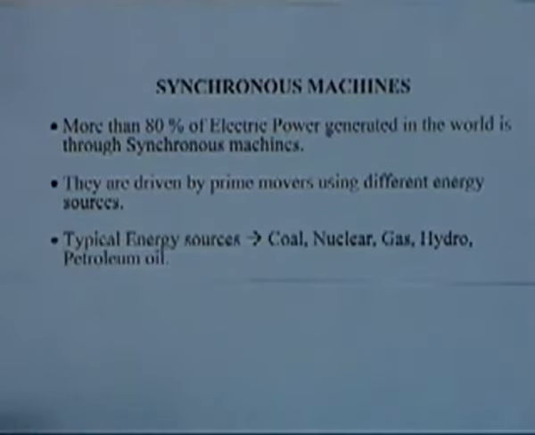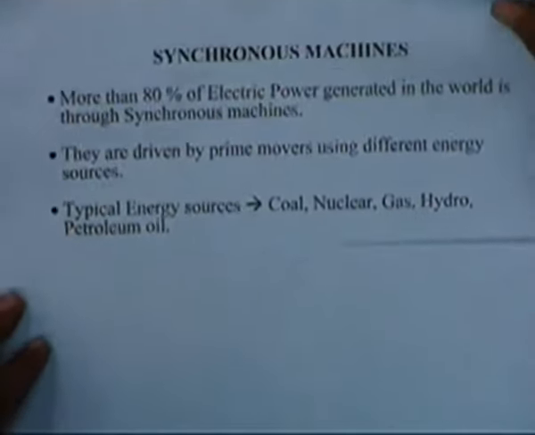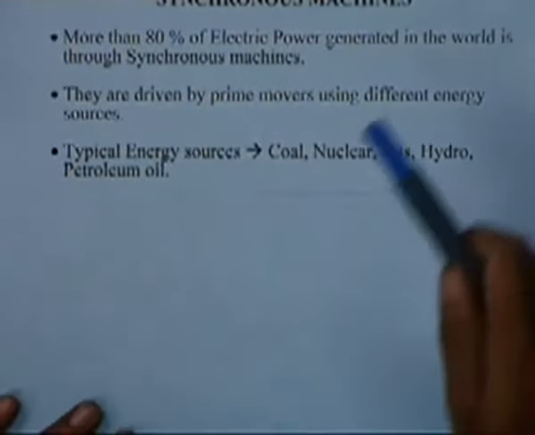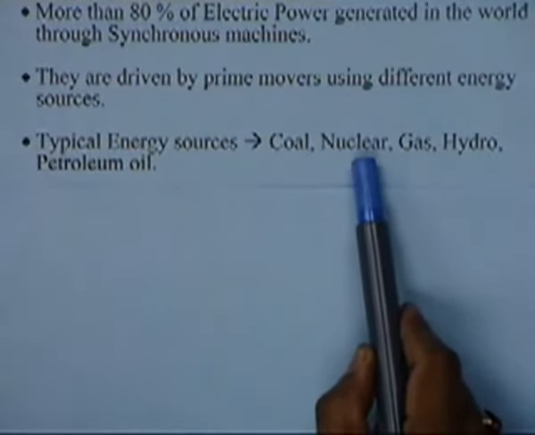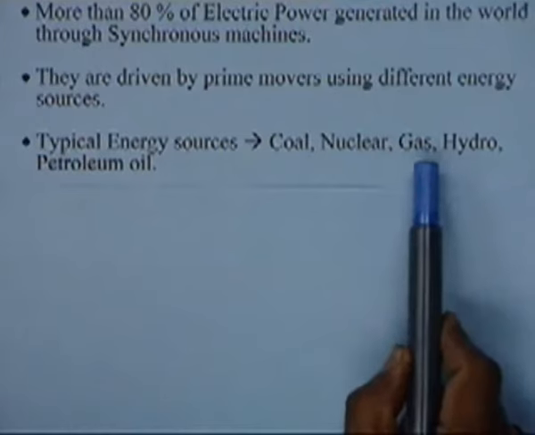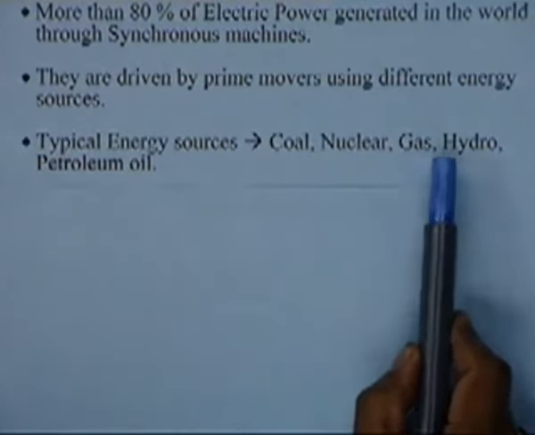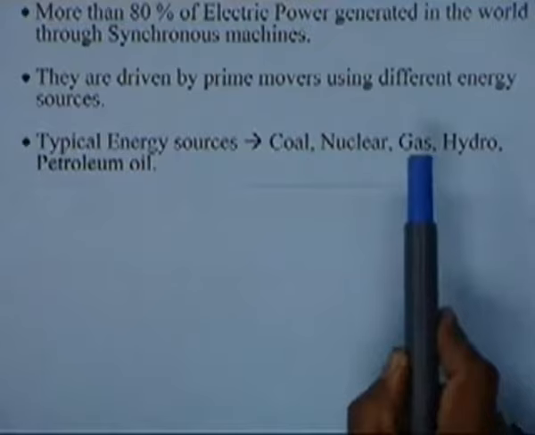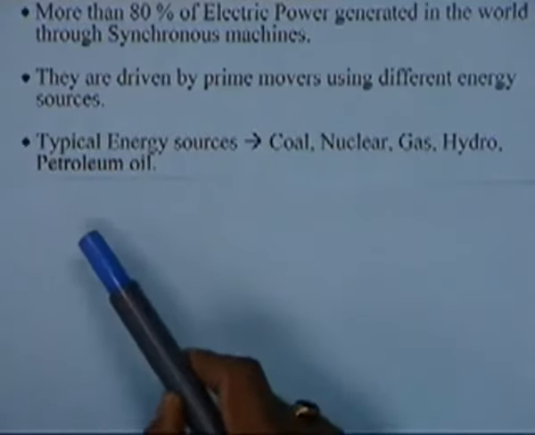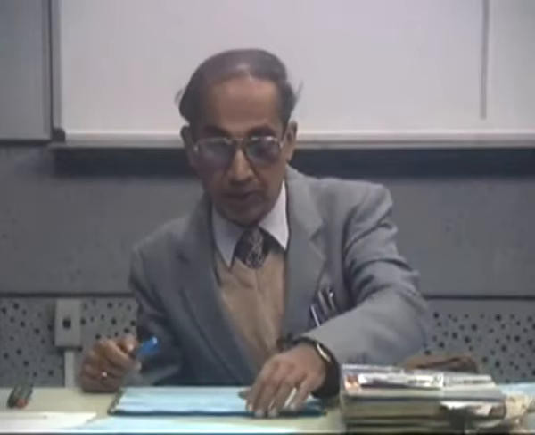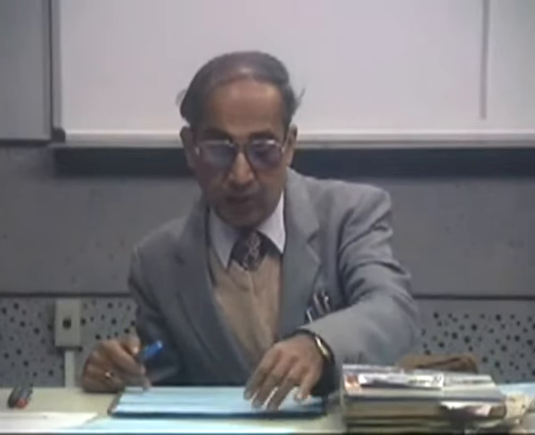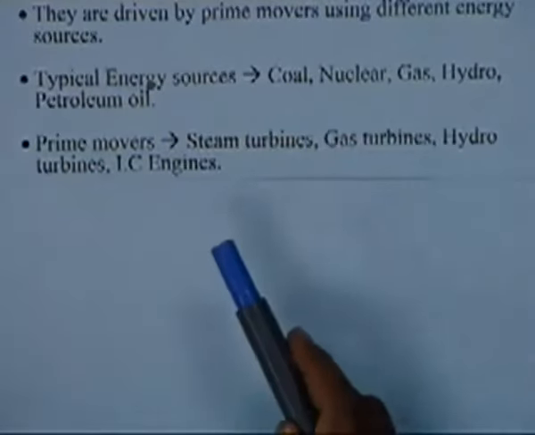Now, what are the typical energy resources? We get in nature the coal, nuclear fuel, we also have natural gas, we have the hydro potential, and we have the petroleum oil. So all of these are naturally available energy resources which will then be used to drive some prime movers. Now, what are those prime movers?